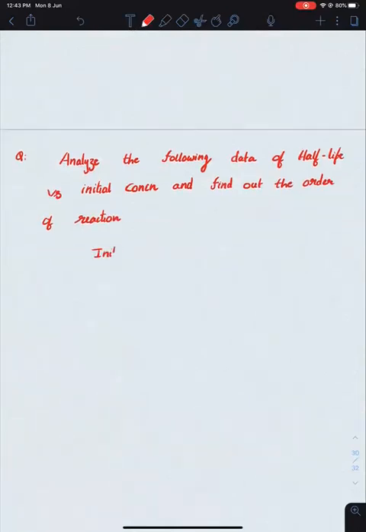Data ये दिया है, initial concentration A naught, half-life time T half.